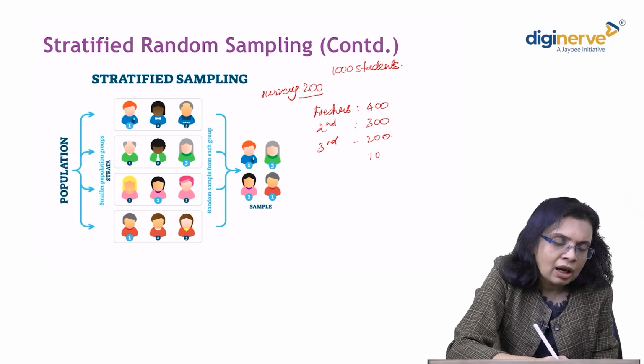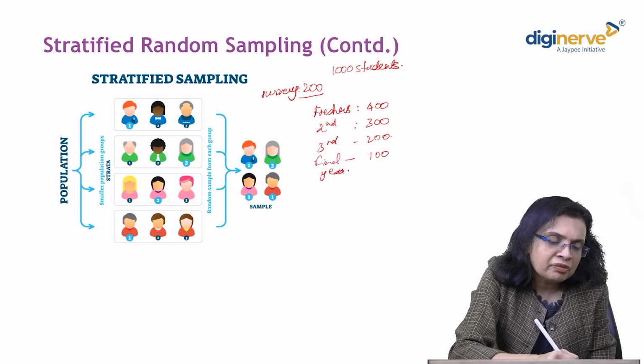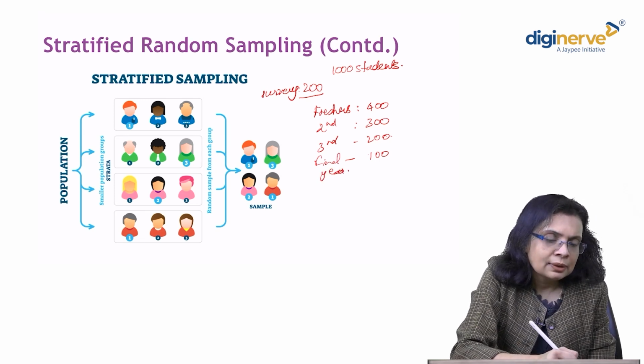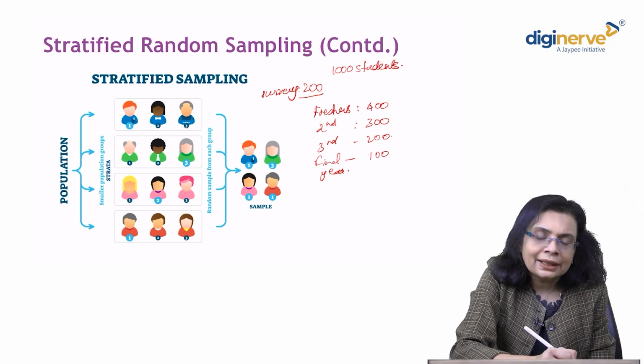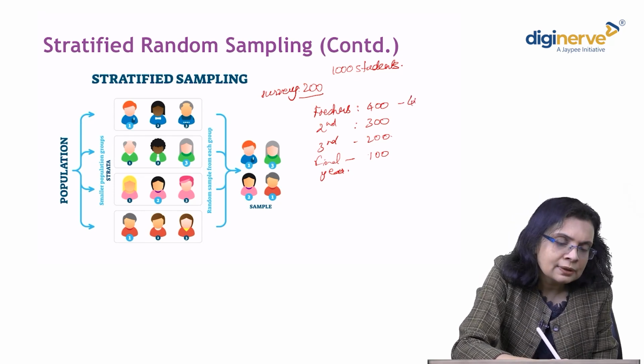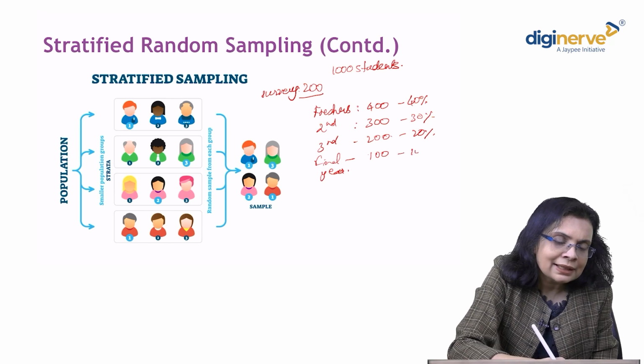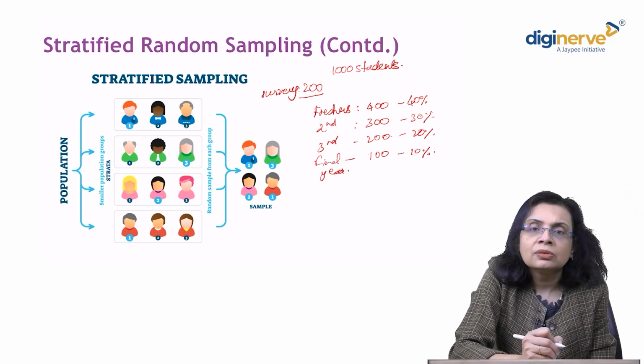You have 100 of final year. So if we calculate the percentage based on the total students, this becomes 40% are freshers, 30% are second years, 20% are third years, and 10% students are your final year students.